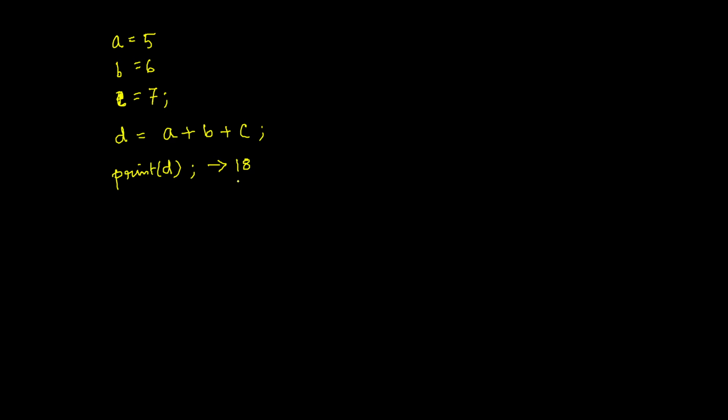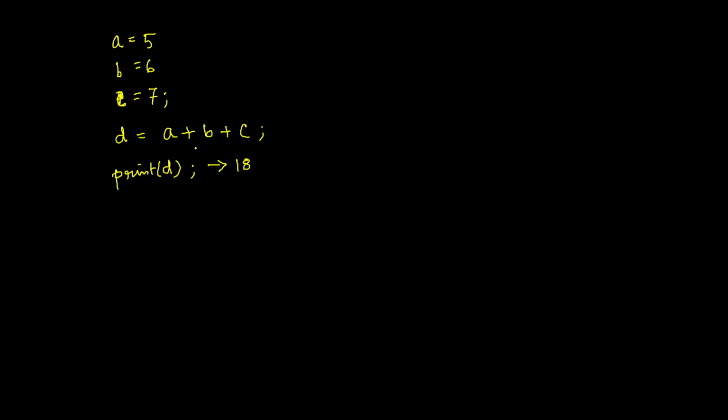Now the question is, if I ask you to tell me which addition you have done first, whether you have added A and B or B and C first, many students will have different answers, right?